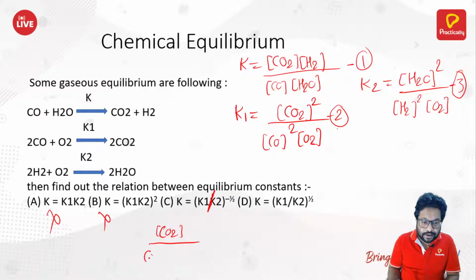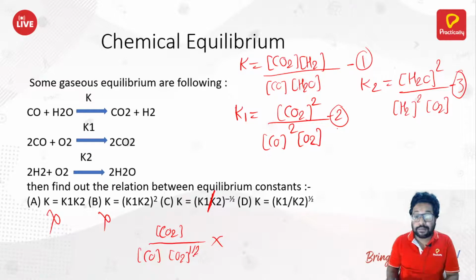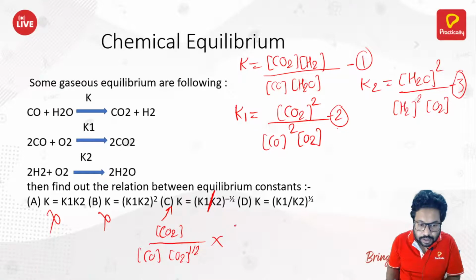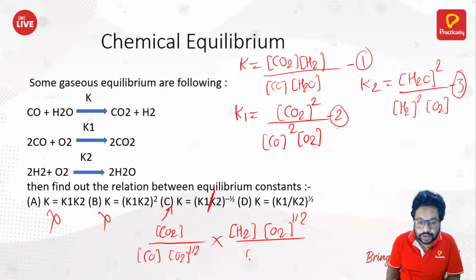Then you got CO multiplied by O2 raised to 1 by 2, you are taking a square root. Now this will become reverse because you are dividing by K2. You can look at the option number C. So you are dividing K2, that means H2 and O2 will go up. Taking square root, H2 will stay as it is, O2 raised to 1 by 2.